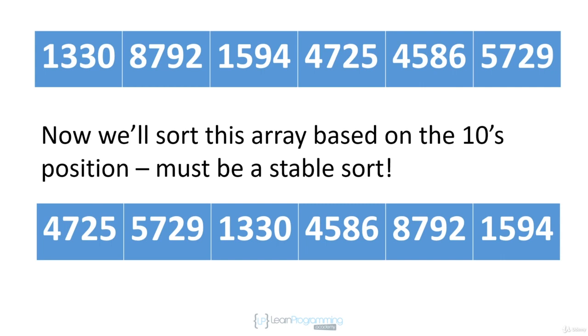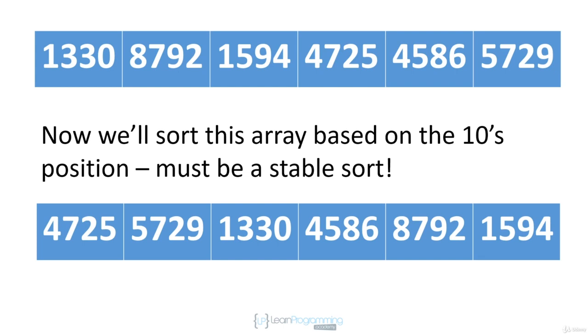That's because we have to use a stable sort algorithm. The same thing goes for 8792 and 1594. They both have 9's in the second to right position. In the top array, 8792 came before 1594, and it still does. And so that's critical. We have to use a stable sort algorithm.